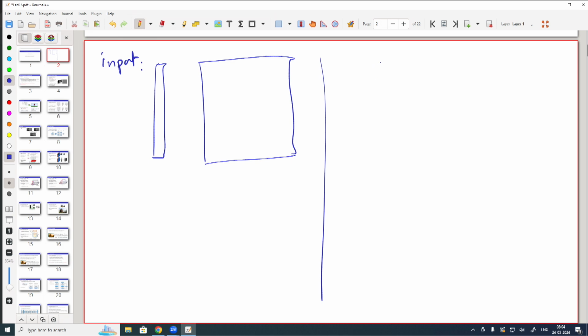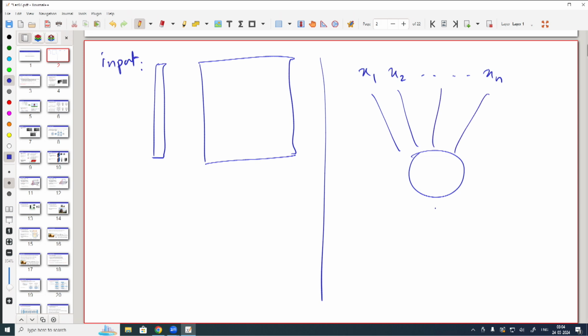Let us say I have some input vector which I will write as x1, x2, up to xn. The key thing in a neuron, and let me write some neuron, pictorially it is represented like this. There is this neuron which will take the input.